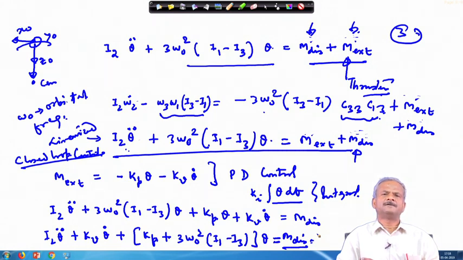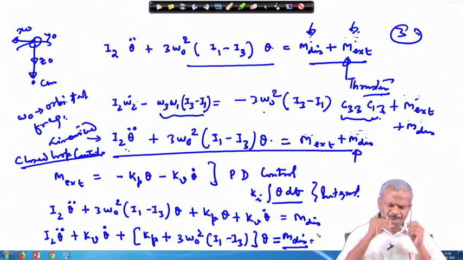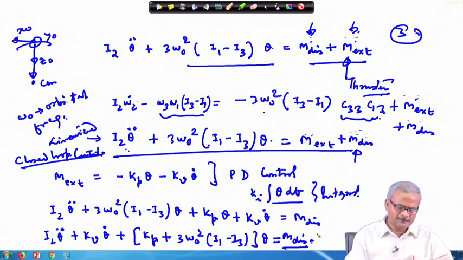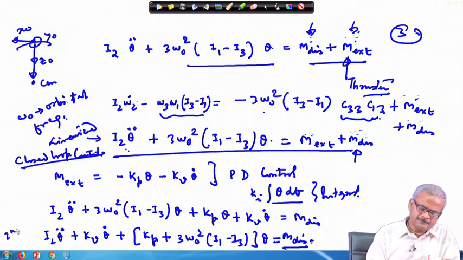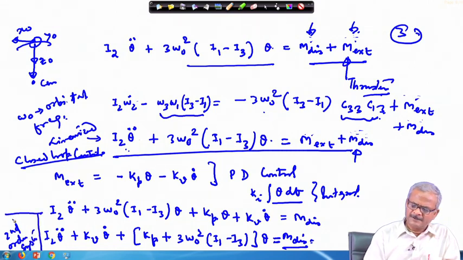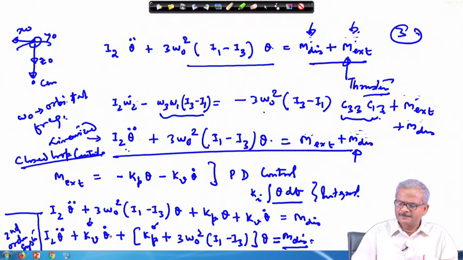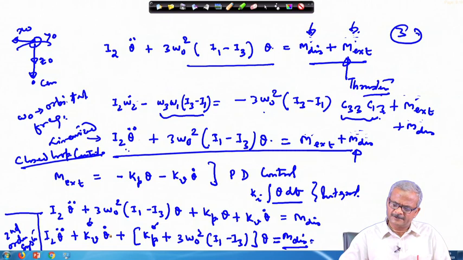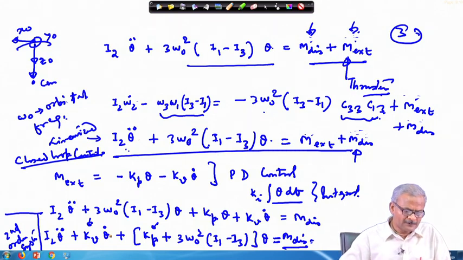Based on that, the analysis is carried out. So, this system, if you look, it is a second order system. By appropriately choosing this K p and K v, you can place the poles of the system in the desired location, and therefore, you will get the desired result from the system.